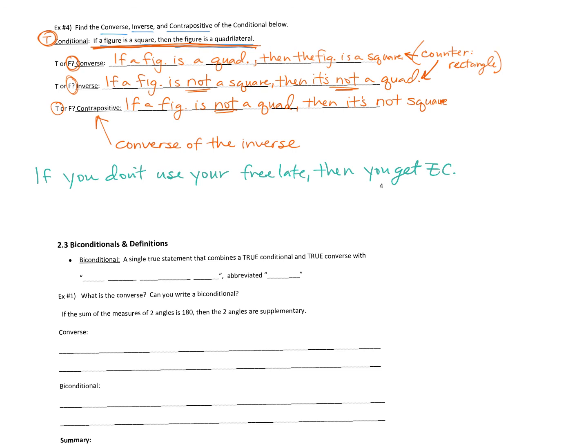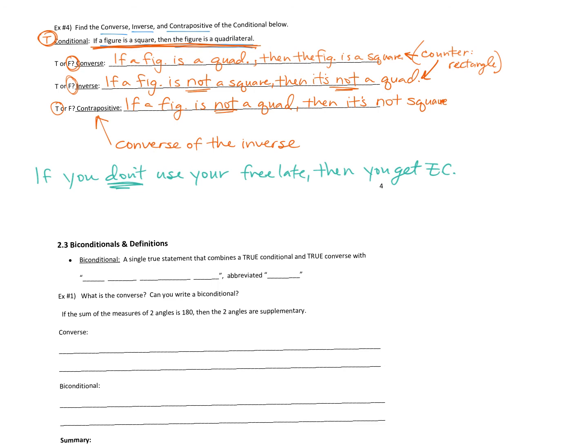If you get extra credit, you didn't use your free late. That's the converse, right? We just swapped them. What would the inverse be? You don't get extra credit? Right. If you use your free late, so negate this. If you do use your free late, then you don't get extra credit, right?